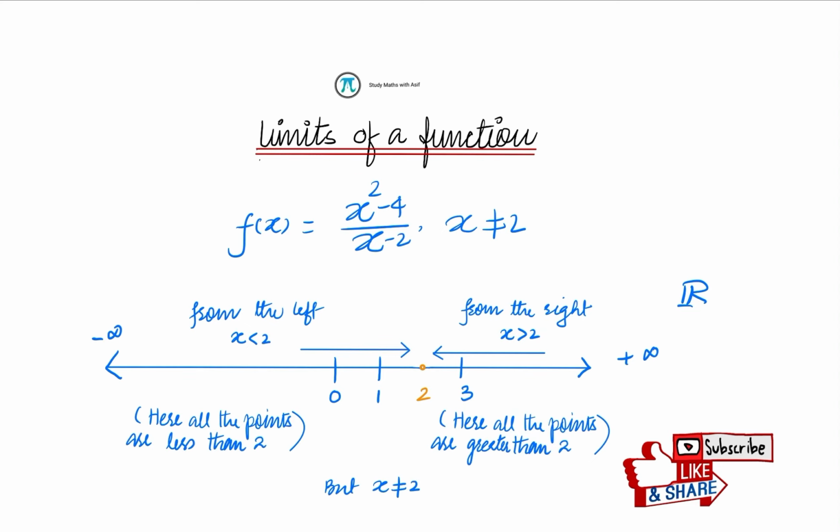So for x not equals 2, the value of the function is x plus 2. That is, the function f(x) is defined if we come close to 2, either from the left or from the right. So when we come close to 2, this function is defined, right?